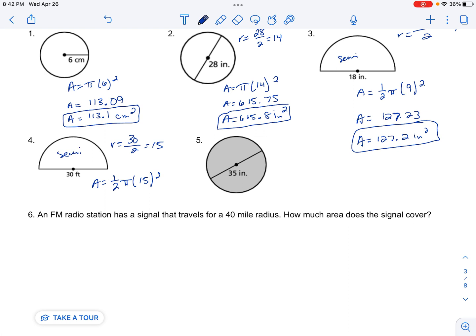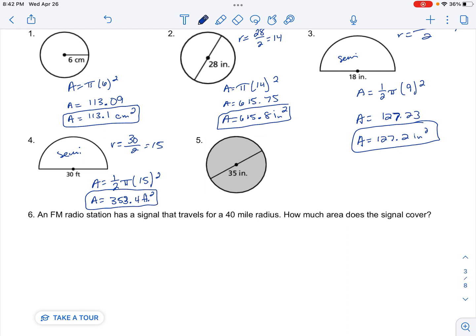This one we can see is a semicircle. .4 feet squared.